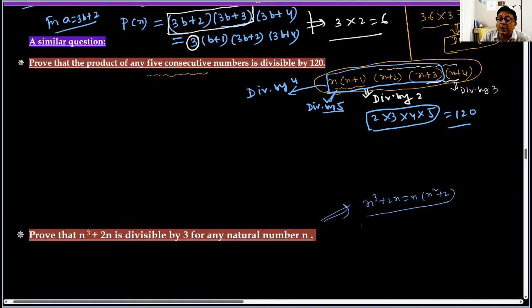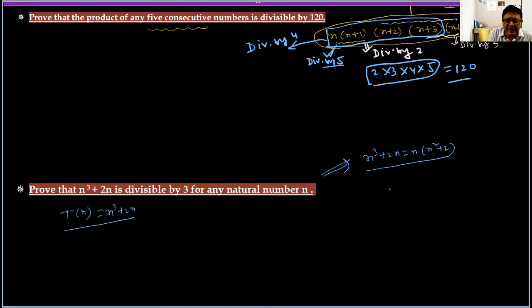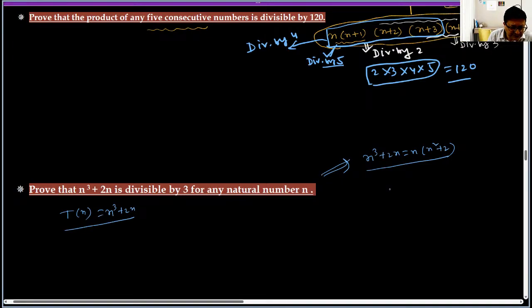So you have to consider divisibility here. So let us consider divisibility by 3. Let Tn equal n cube plus 2n. Okay, just the symbol Tn, whatever you take.